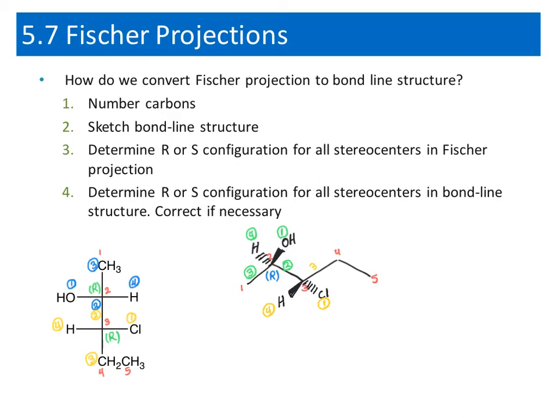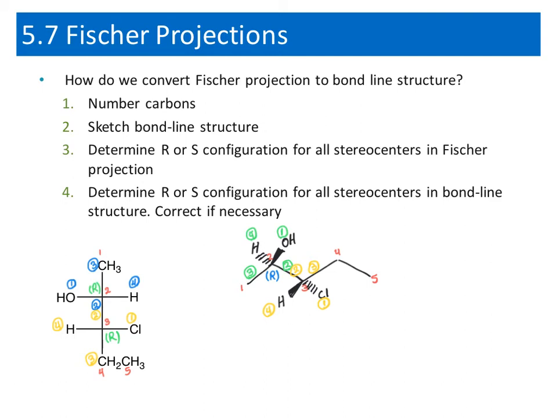Ethyl is number 3. And the carbon chain is 2. Now let's count: 1, 2, 3. I am rotating clockwise. However, the lowest priority is pointing towards me. Therefore, I need to switch that, which gives me the S configuration for this center. However, if I compare this to the Fischer projection, they don't match.